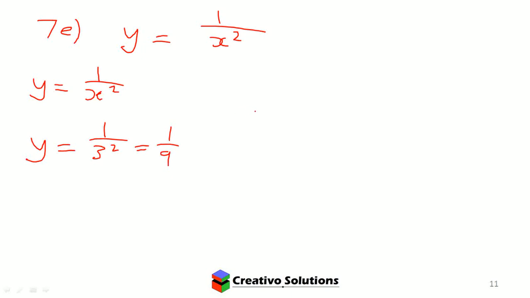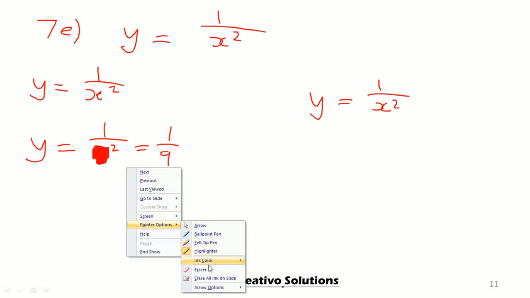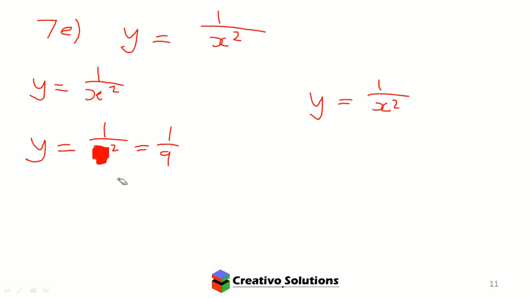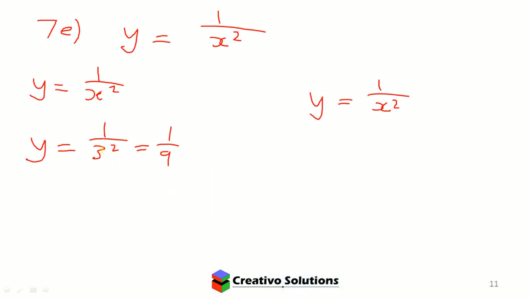Then they said, what happens if we double the x? So if I double the x, I'm going to have y equals 1 over x squared, and I'm doubling my x, so that figure is going to go up.